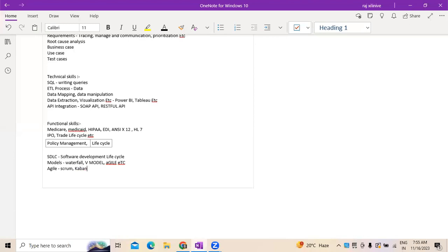We can use Kanban, especially people in manufacturing, called Lean Kanban. We also need knowledge of XP, extreme programming, like pair programming.